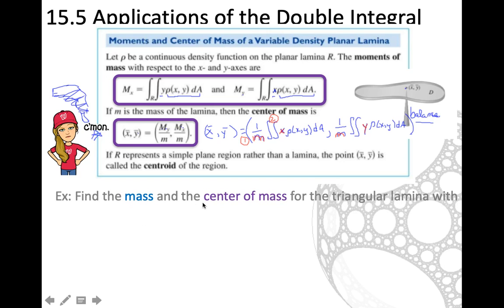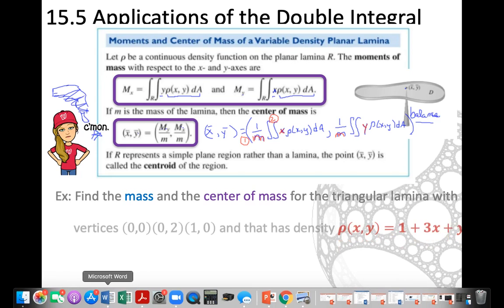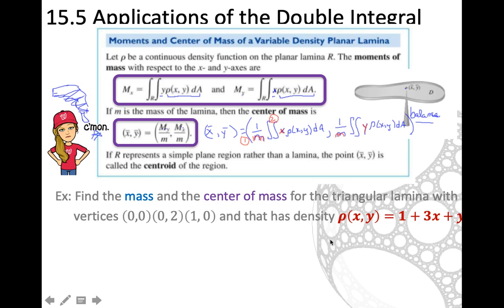So find the mass and the center of mass for another triangular lamina. I just changed up the vertices a little bit, and I changed the density function. So I need to find the mass first, then import this into finding the center of mass, where I have to find the second and third double integrals.